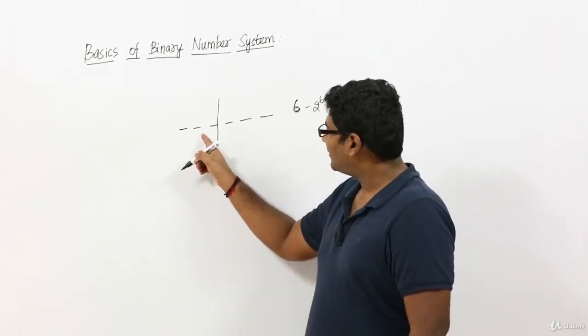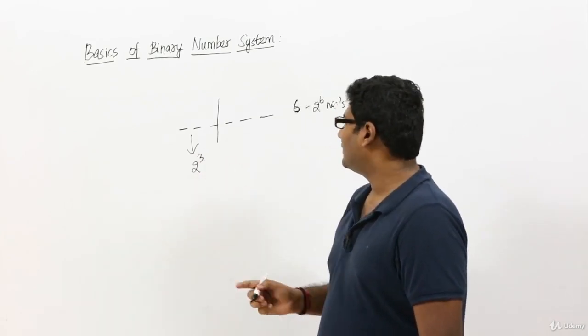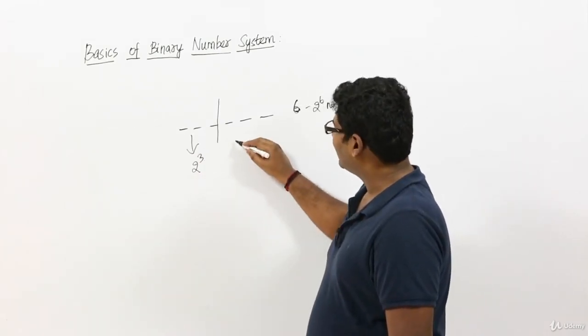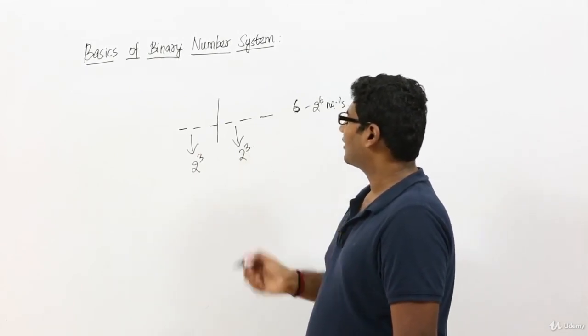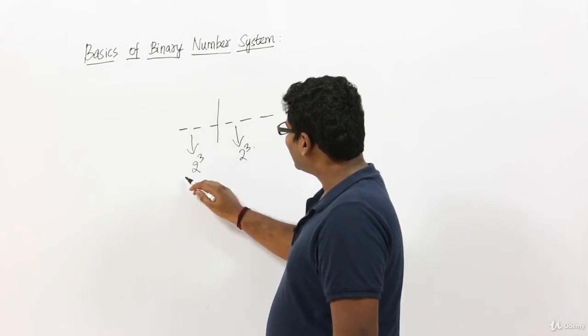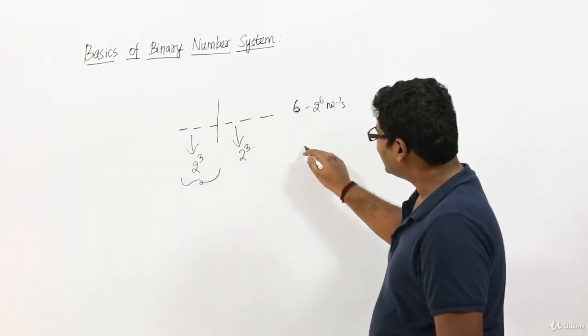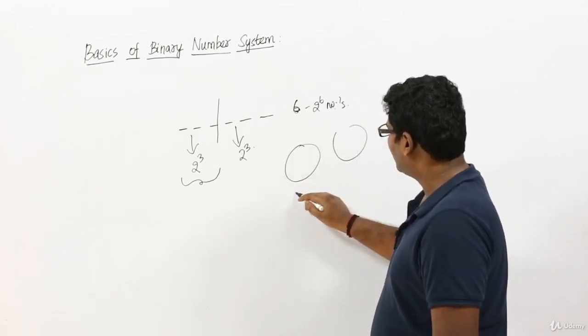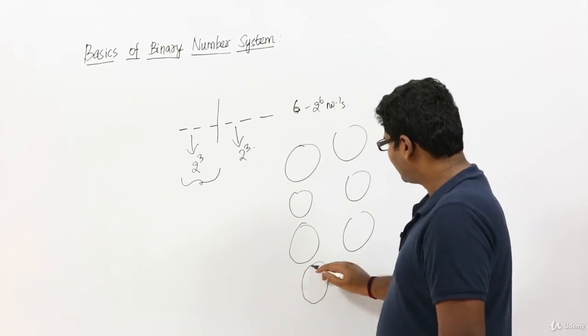With 3 bits I can form 2 power 3 numbers. Similarly, with these other 3 bits I can form 2 power 3 numbers. So these 2 power 3 numbers represent the groups. They represent 8 groups: 1, 2, 3, 4, 5, 6, 7 and 8.